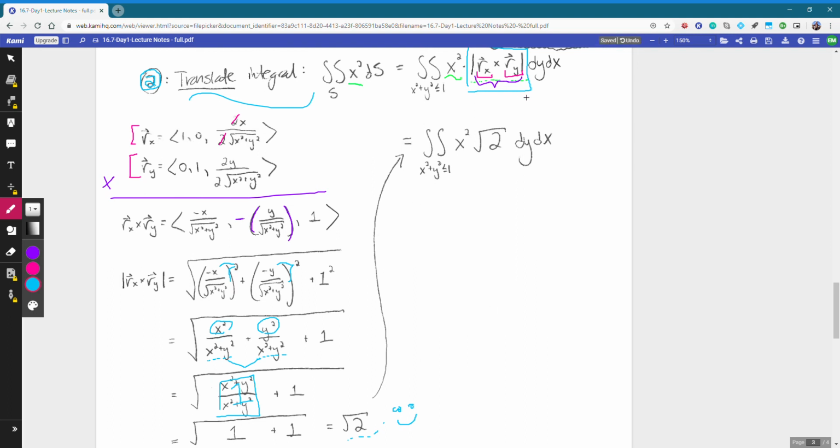And so that's what gets plopped in for this box here. And with that, the dust has settled in terms of our simplification, and now it's time to switch over to polar.